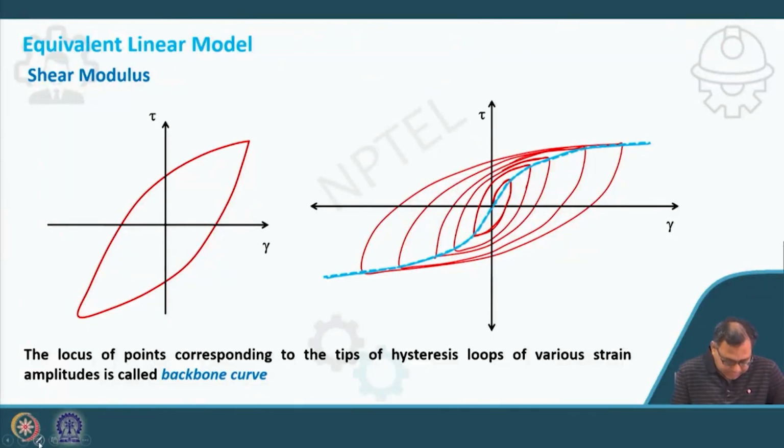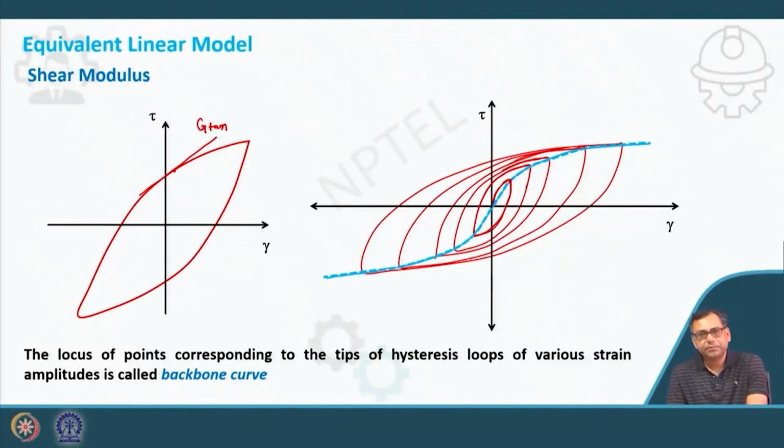So suppose I want to determine the modulus value at this point. If I take a tangent at that particular point and take the slope of that tangent, I will get the shear modulus there, because this is shear stress versus shear strain.